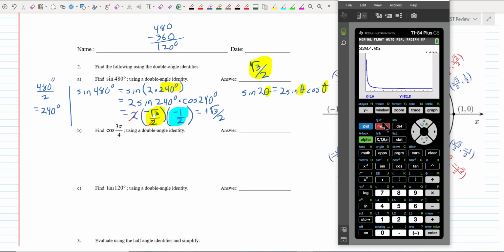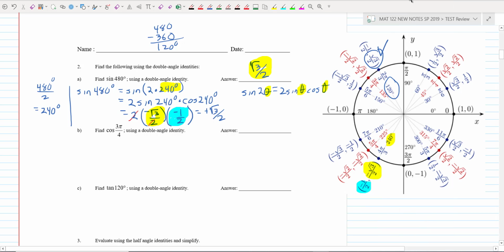You would have to be in degree mode since we're working with degrees. So if you did the original problem, sine of 480, and then compared it to your answer, square root of 3 over 2, it should check and verify your answer.